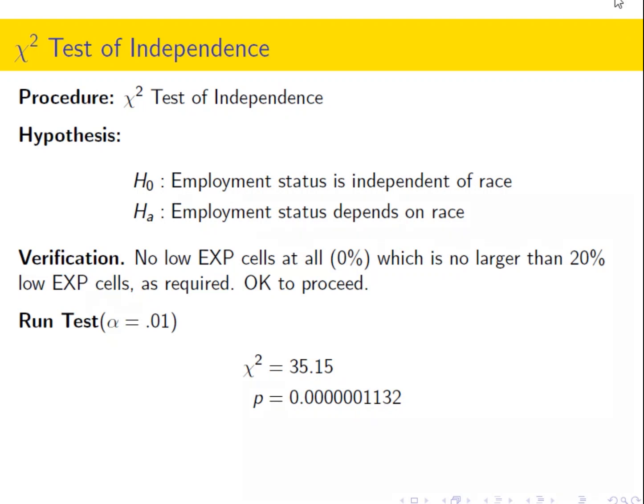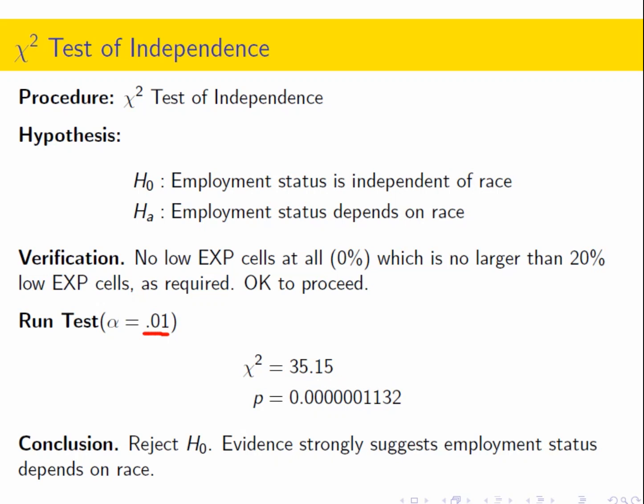And notice that we are well below alpha, so p is less than alpha. The statistical conclusion is to reject the null. And our real-world conclusion is that we have really strong evidence to suggest that employment status depends upon race.